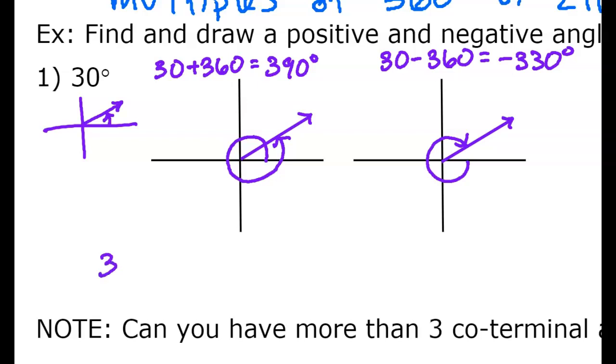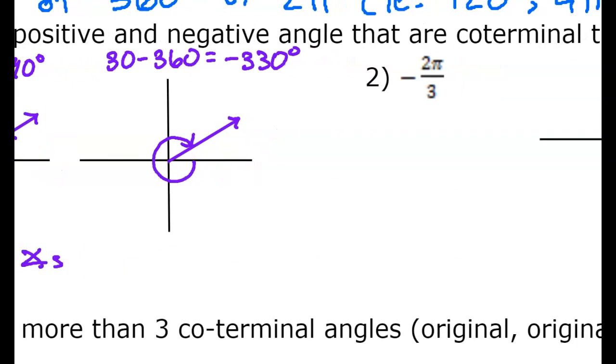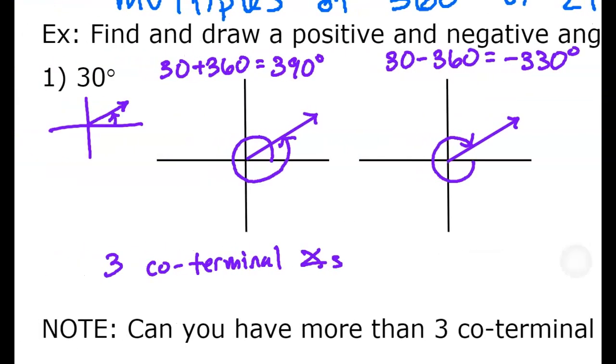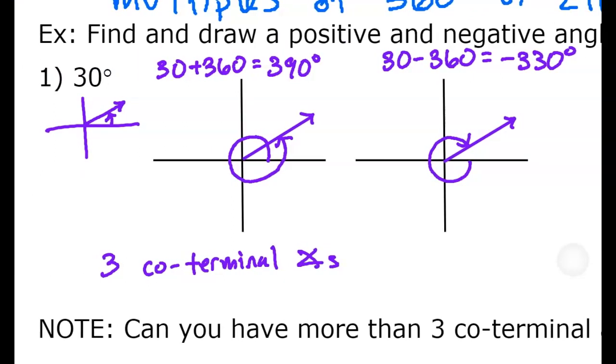So these are 3 coterminal angles. Any questions on this one? Pretty straightforward, I think, just vocabulary.